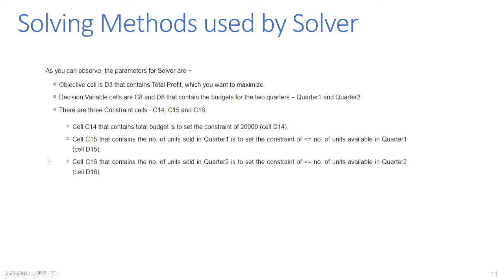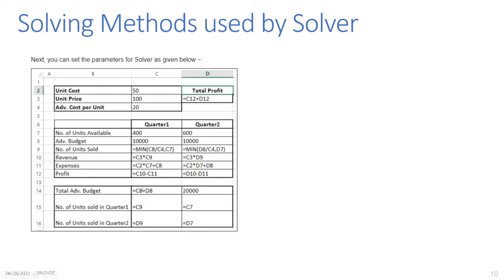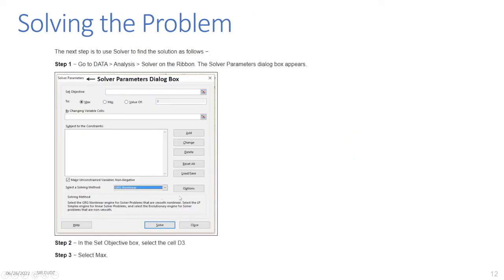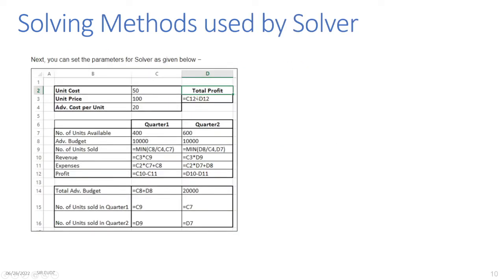As you can observe, the parameters for solver are: the objective cell is D3 that contains the total profit, which you want to maximize. Sorry, D3 contains the total profit.